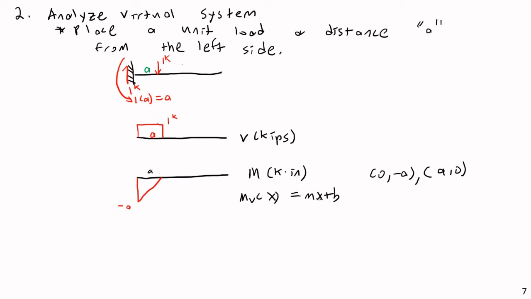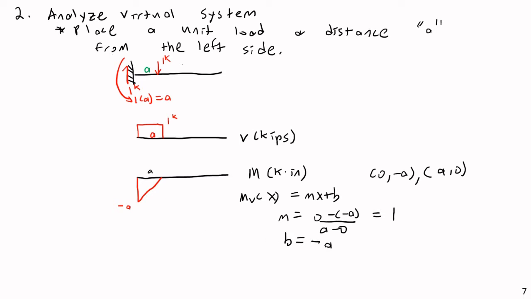This is, again, length a, or width a. And so my slope is just going to be 0 minus negative a, or plus a, divided by a minus 0. And so we find that our curve here is going to have a slope of exactly 1, which, since it's going from negative a to 0, shouldn't surprise anyone. And of course, our intercept of y equals mx plus b is going to simply be negative a.